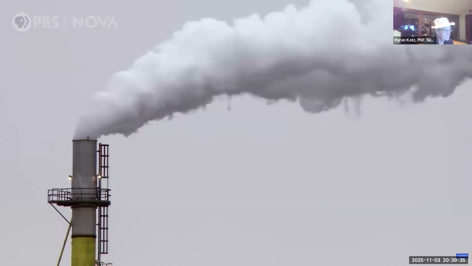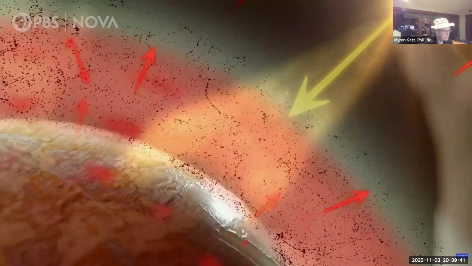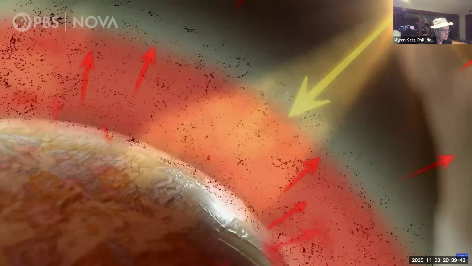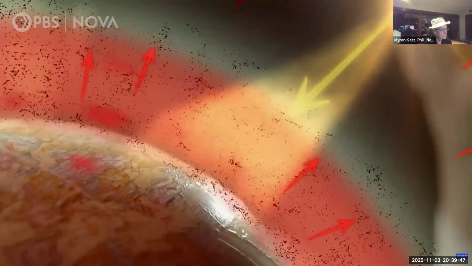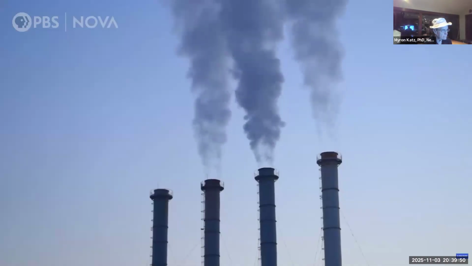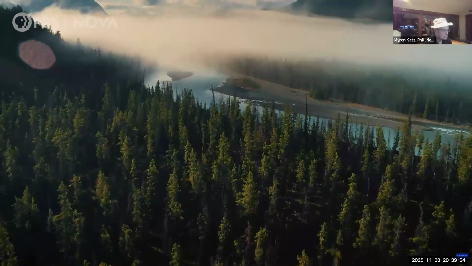Climate change is driven primarily by an excess of carbon dioxide in the atmosphere from human emissions. This CO2 acts like a blanket, trapping heat on the planet. So, if we want to reverse the problem, is there a way to just take some of that CO2 out of the atmosphere? Actually, yes.